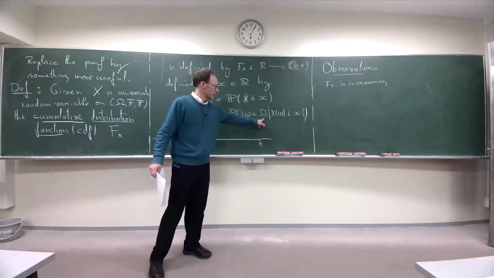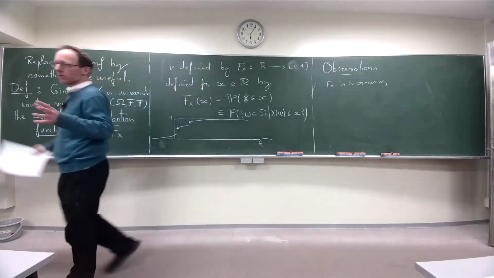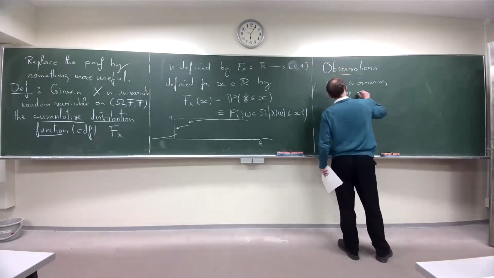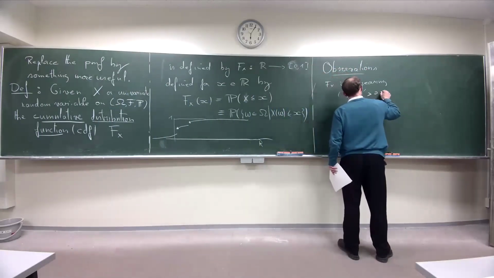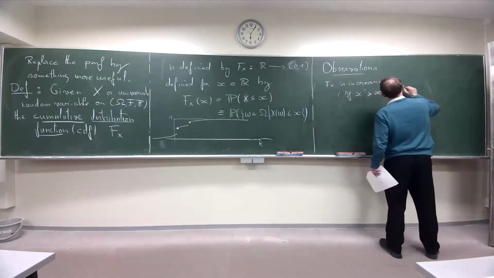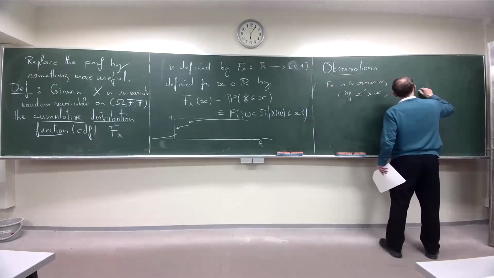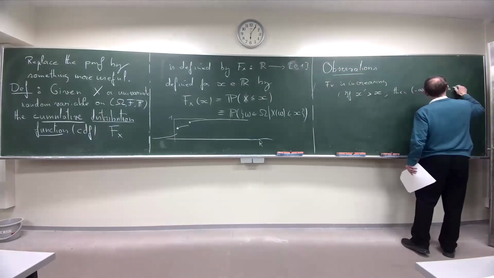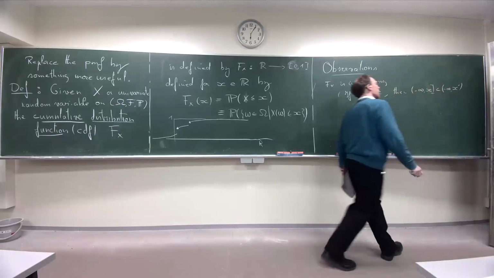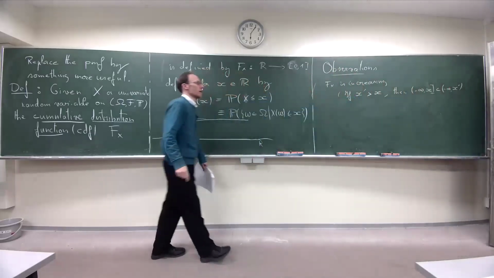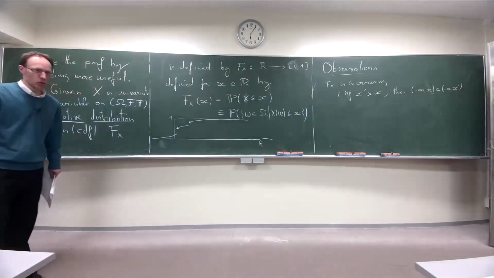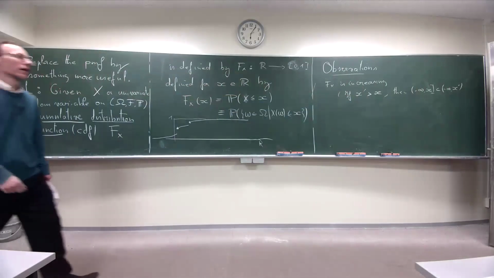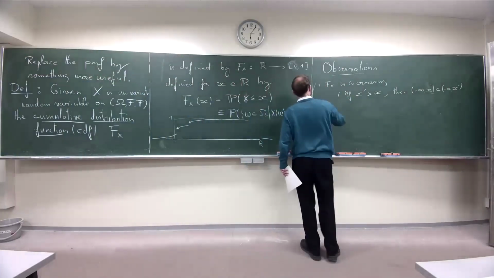These sets, one is included in the other one, because if x prime is bigger than x, then minus infinity to x is included in minus infinity to x prime. And the probability of the first one is, of course, smaller or equal to the probability of the second one. So it's increasing. This is the first observation.